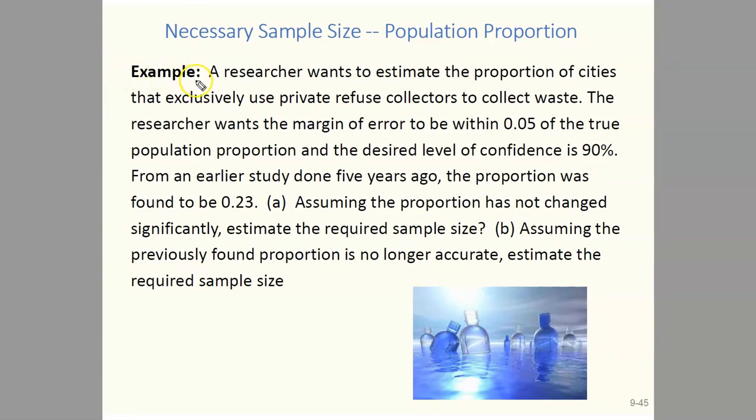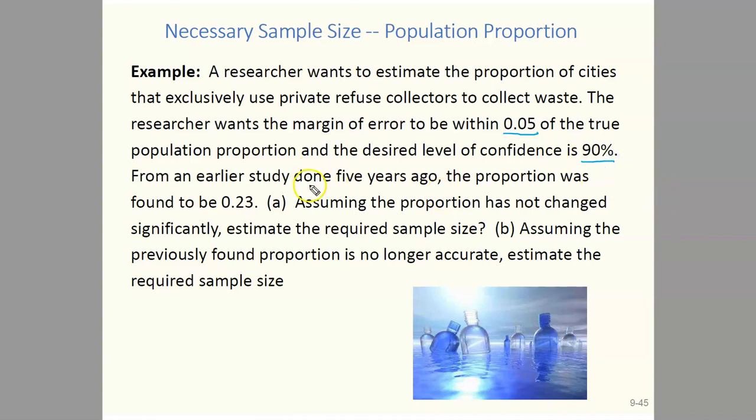Now in this example, a researcher wants to estimate the proportion of cities that exclusively use private refuse collectors to collect their waste. The researcher wants the margin of error to be within 0.05 of the true population proportion, and the desired level of confidence is 90%.